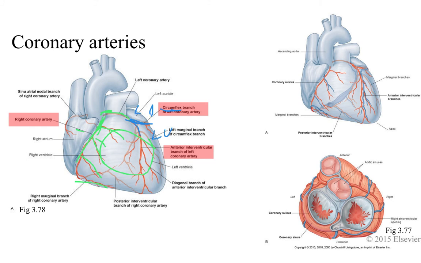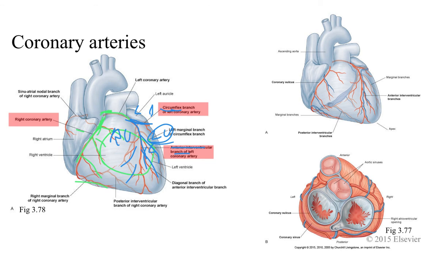And then it's going to head down the anterior interventricular septum between the right ventricle and the left ventricle, right, and then spread out from there.